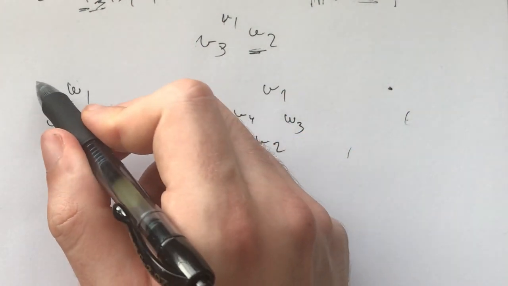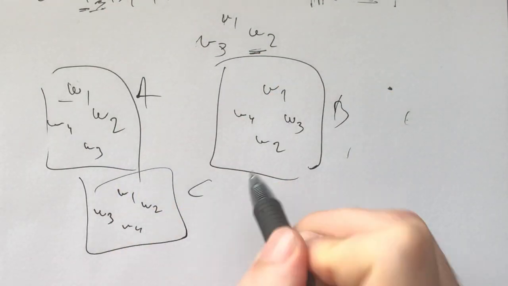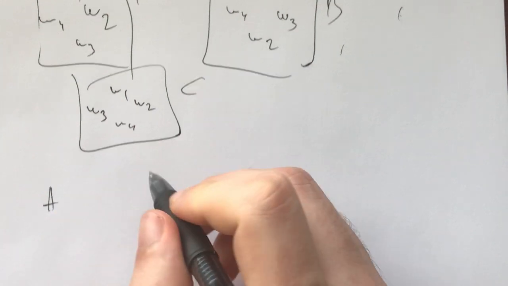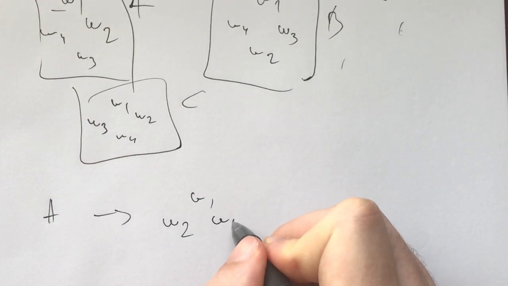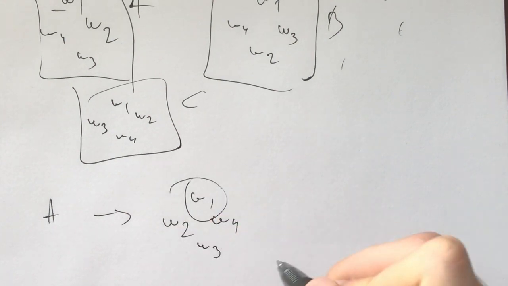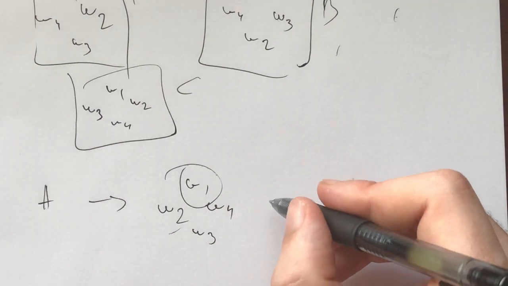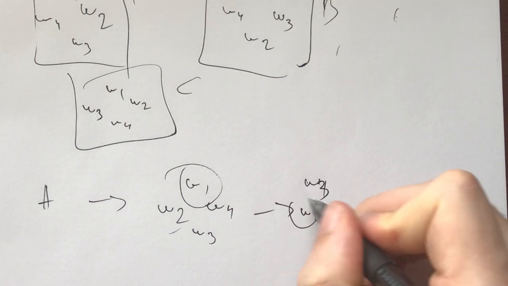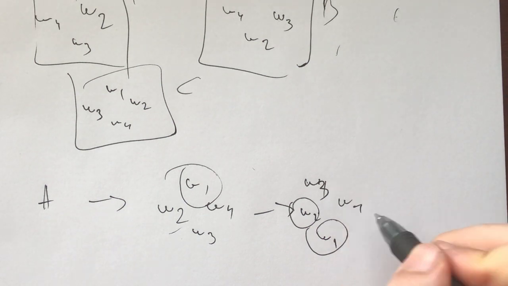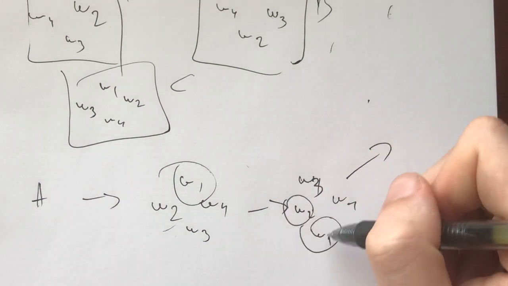So for this one, let's call this A, this B, and this C. So what do we have for A? We move on to W1, W2, W4, W3 with W1 started. Then W2 will exchange W3 and W1. Then we'll move on to W3, W2, which we played with, and 4. So this seems to be the case in this one.